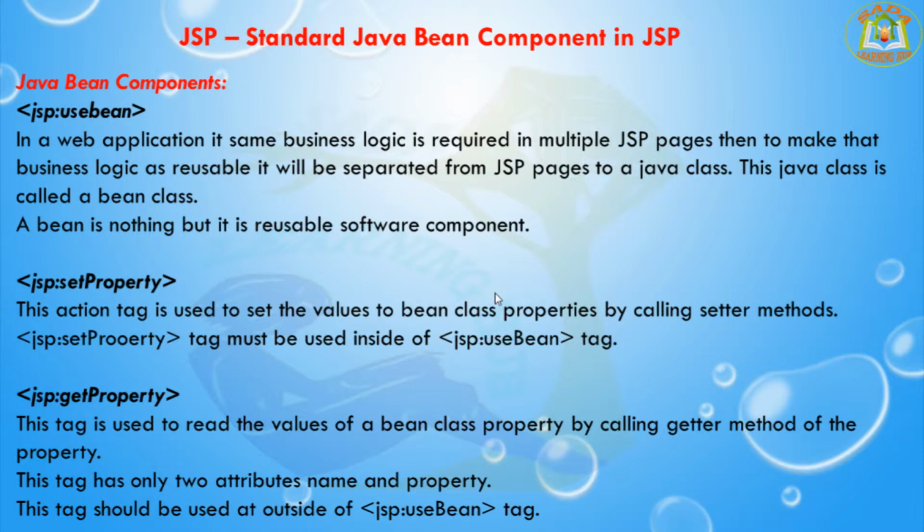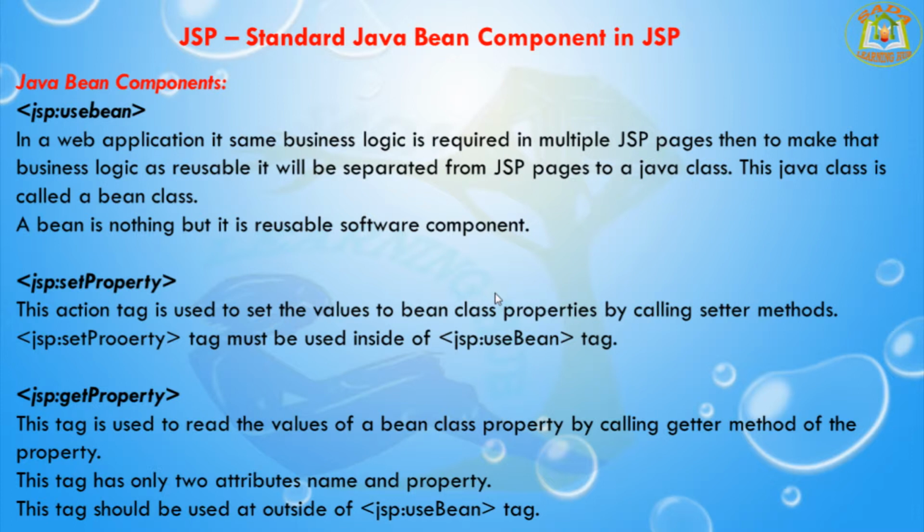I have discussed two things: one is the Java Bean and the second one is the POJO class. Again, a Java Bean is nothing but a Java class. It needs to follow three principles.